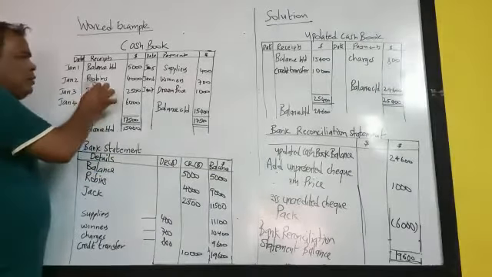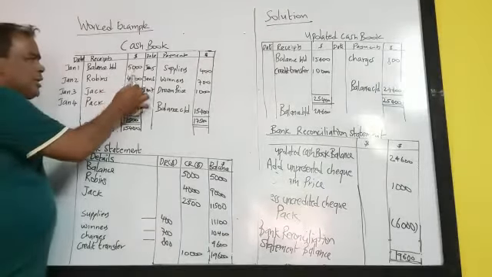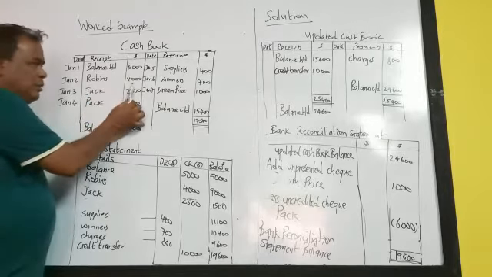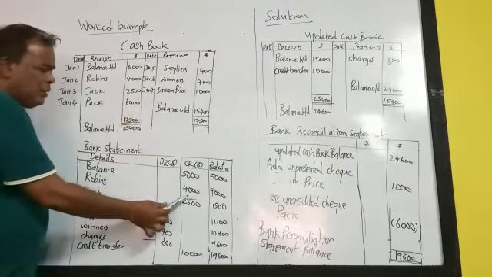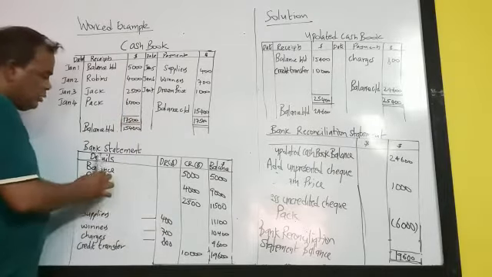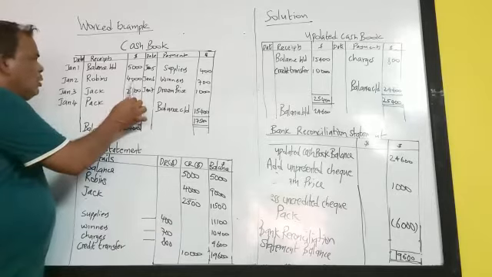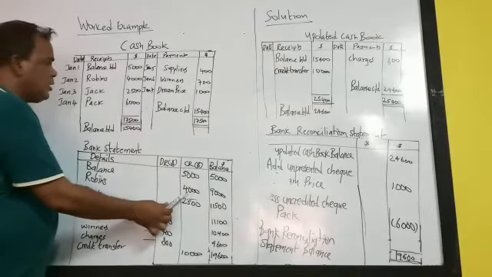On the debit side, we have the balance in the cash book. This is the cash book of the business. We have a balance of 5,000,000, and we receive a cheque from Robin of 4,000,000. Once the cheque is received, the business will deposit it into the bank. So in the bank statement, this 4,000,000 will be indicated on the credit side.